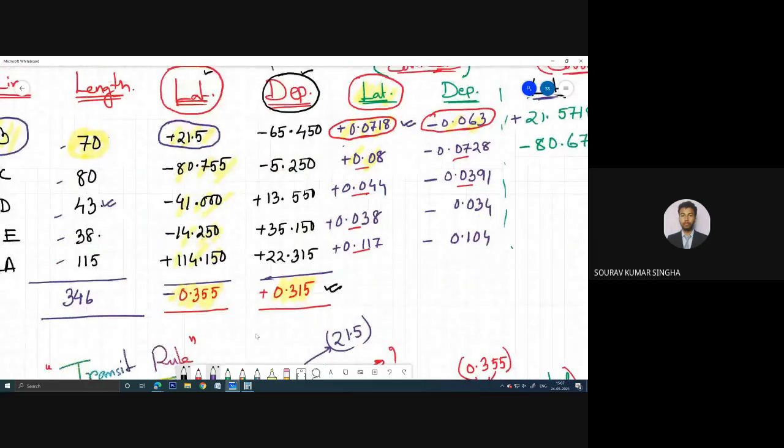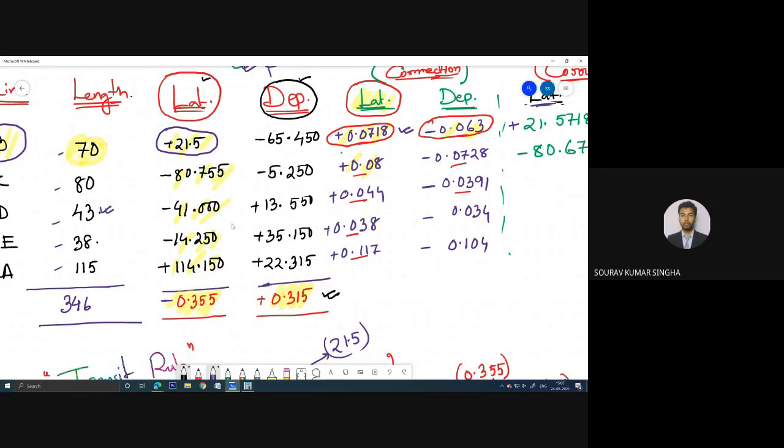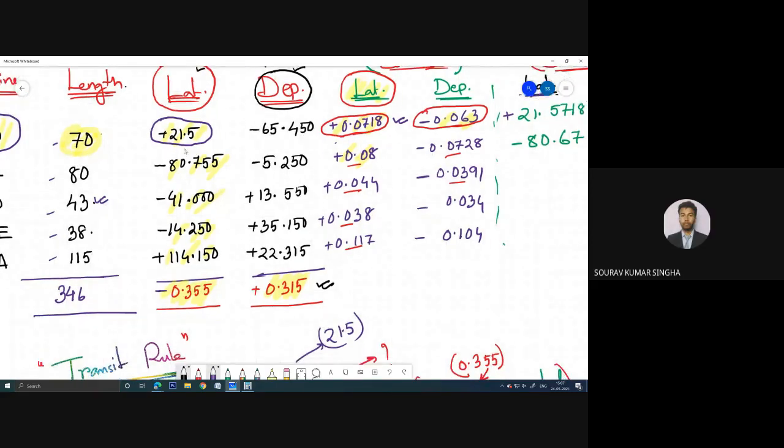So latitude is which one? This is the latitude column, and we need to add the values without considering the signs. That means 21.5, 80.755, 41, these values. Is that clear, Devajyoti? Okay, now you just add all the values and tell me what is the value you are getting.